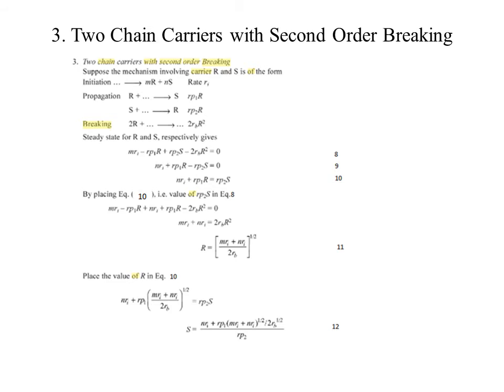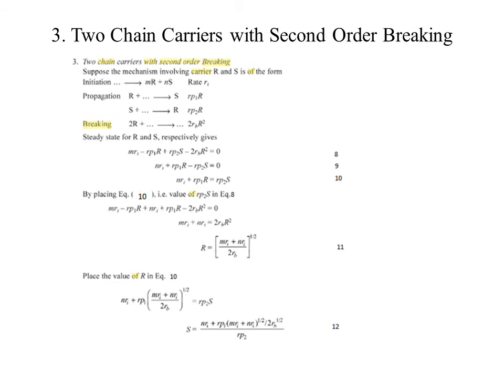From this we can calculate the value of S, that is equal to MRI minus RP1 into the square root of (MRI plus NRI over 2RB), over RP2. This is equation number 12.